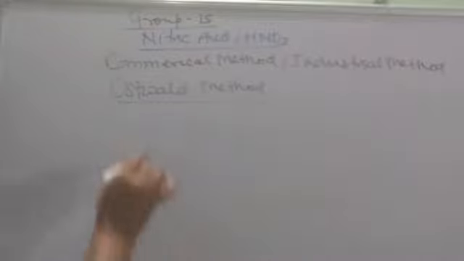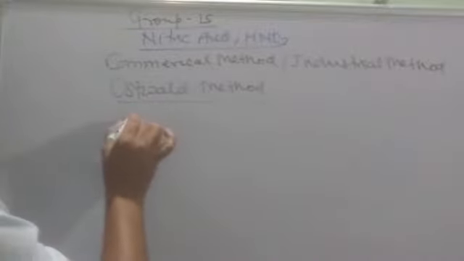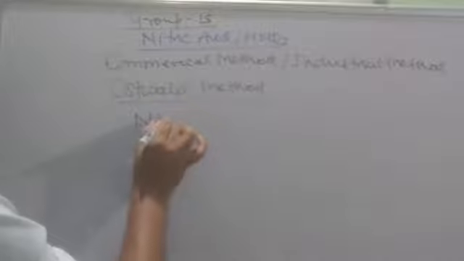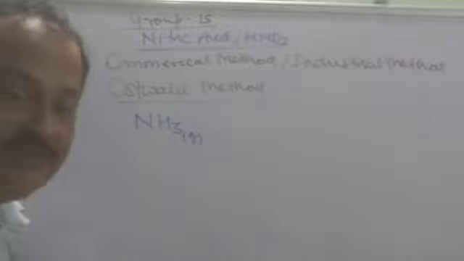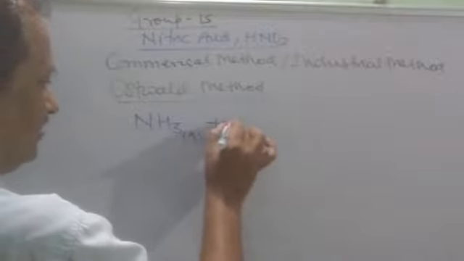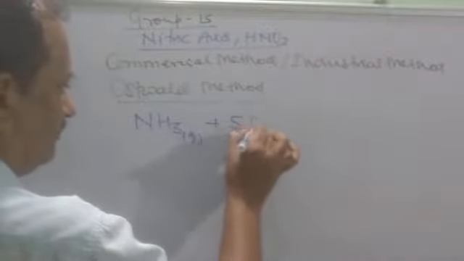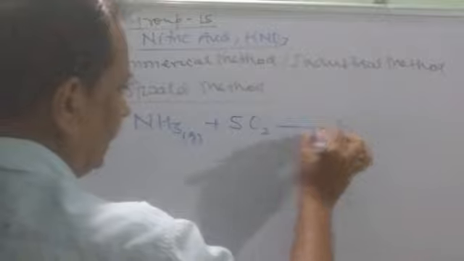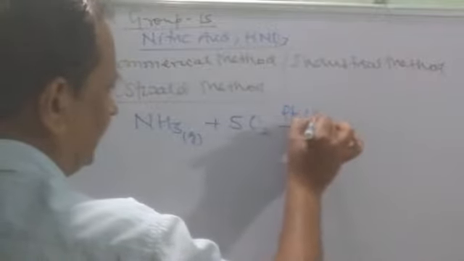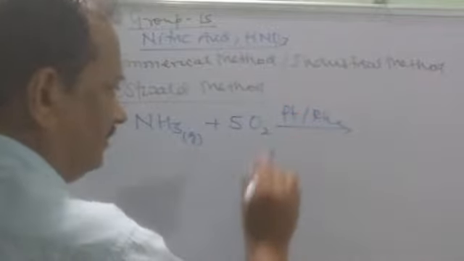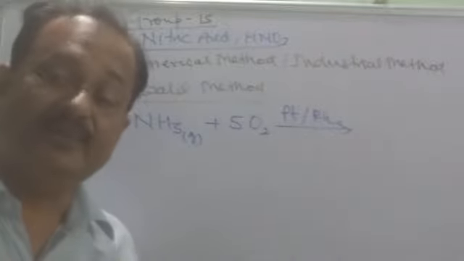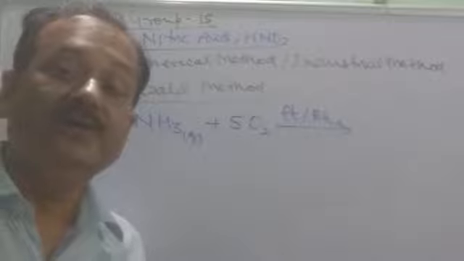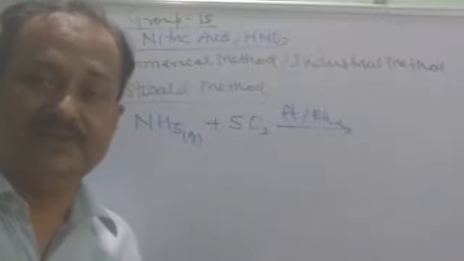It is oxidized over platinum gauze. Pure ammonia gas is taken, and there is the requirement of oxygen and a platinum and rhodium catalyst. Platinum and rhodium are highly stable, very inert metals.